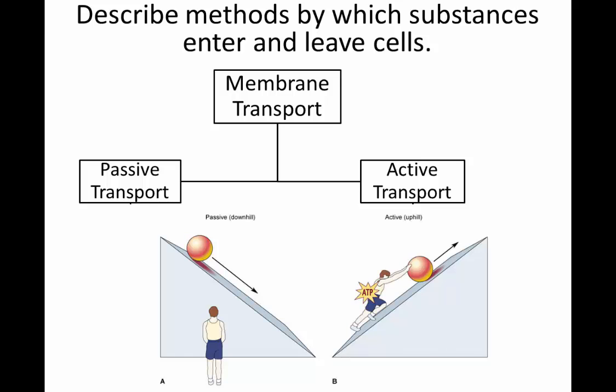While active transport, we want to go uphill. We want to go from an area of low concentration to an area of high concentration, and so it would require energy in this case to actually push the ball up the hill. And so the same thing in terms of chemicals. If we want to move more chemicals into the cell from the extracellular fluid, but we already have a lot in the cell, it will require energy.